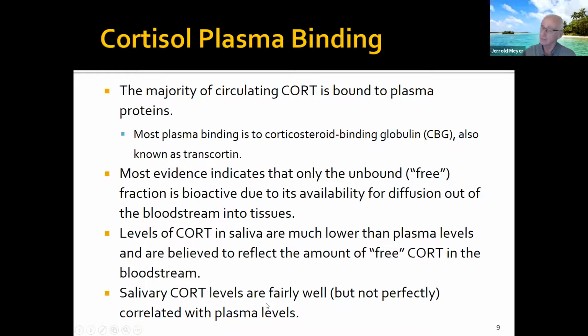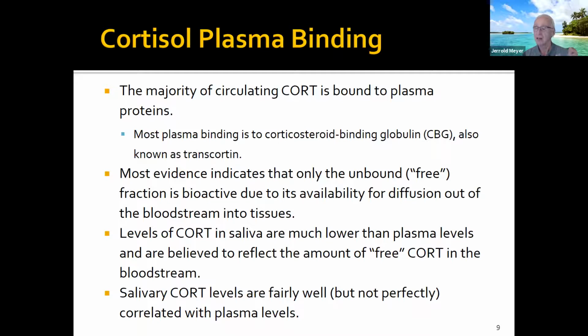And lastly, salivary measurement of cortisol would be useless if it didn't track fairly well. The correlation is not perfect by any means, but it is good enough that we can use salivary as opposed to blood cortisol for things like looking at the circadian rhythm, looking at acute stress responses, and changes in baseline cortisol.